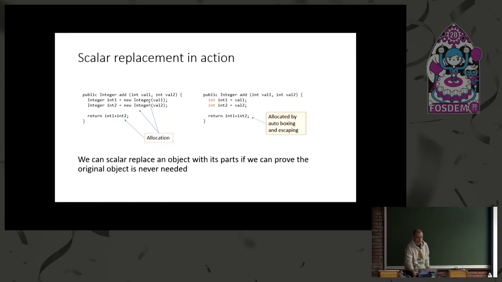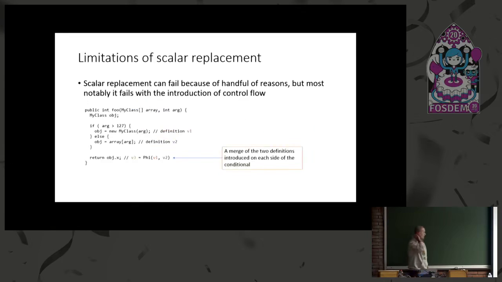Now, let's see some of the limitations with scalar replacement. When we looked at the code, there are a number of reasons why scalar replacement can fail. But when we did the analysis and ran a bunch of benchmarks and workloads to see the main cause of scalar replacement failing in HotSpot C2, it is the introduction of control flow, namely, this is a compiler talk again, a phi over here.